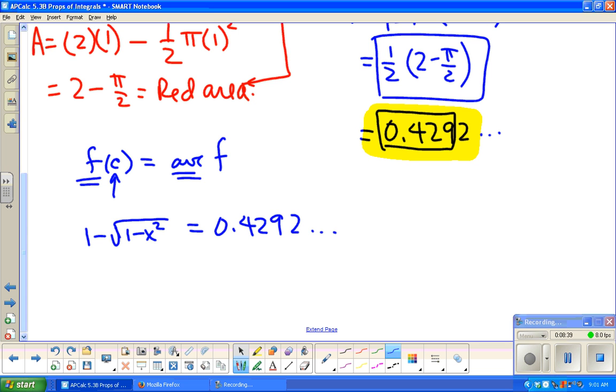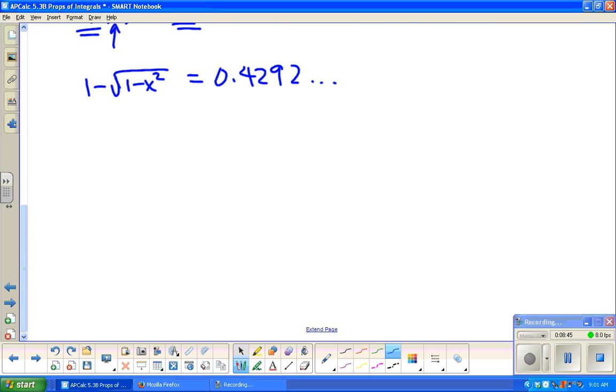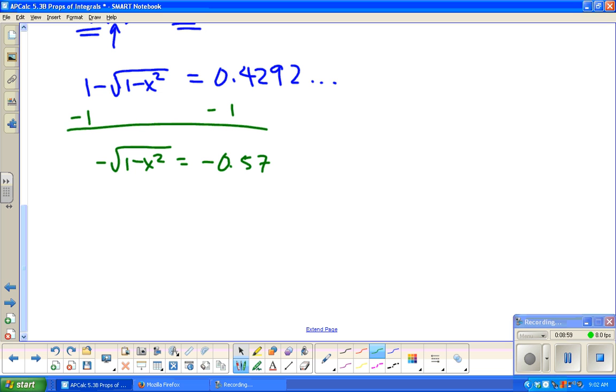Now just understand that the numbers I'm working from here are really coming from the stuff that's already in the calculator. Okay, I'm going to solve this and then we're done. So I'm going to subtract 1. This is just a bunch of algebra now. That gives -0.57-ish.